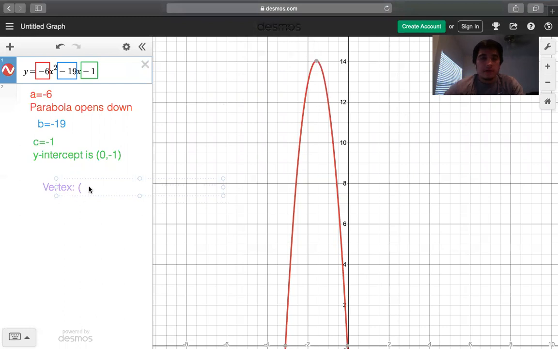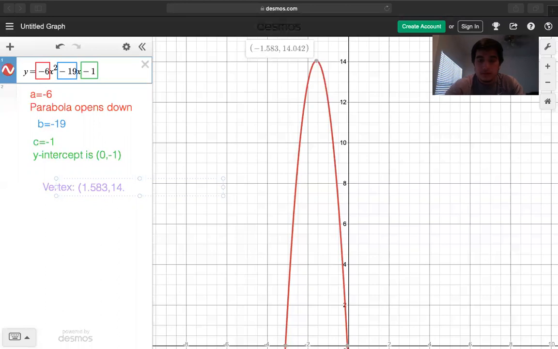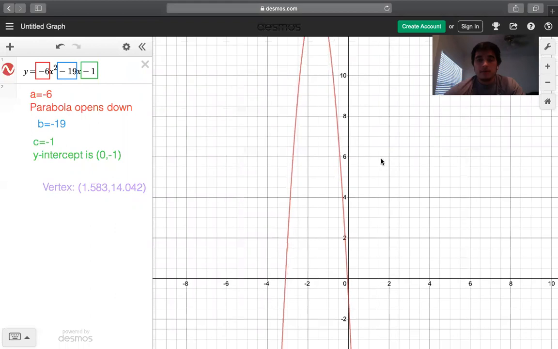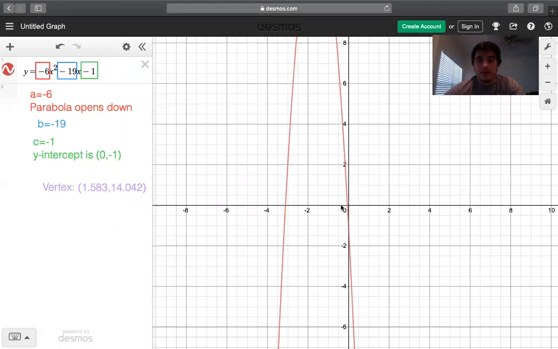My vertex is (1.583, 14.042). Okay, real funky numbers. Okay, and that's the vertex. That's fine. That works. Okay, so let's go down, and we can find our x-intercepts.